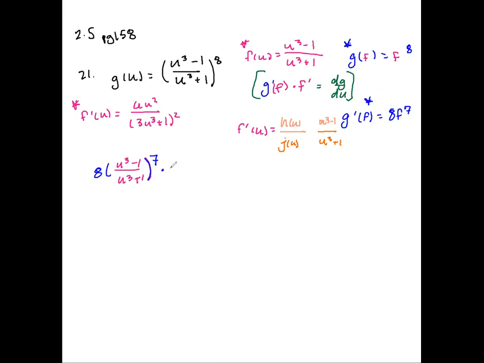And then this is times F prime, which is going to be 6u squared over 3u squared plus, not 3u squared, I don't know where I got that. Oh, that was maybe a doofus, because the denominator is just u cubed plus 1 squared. Okay. Oof. Where did that come from?